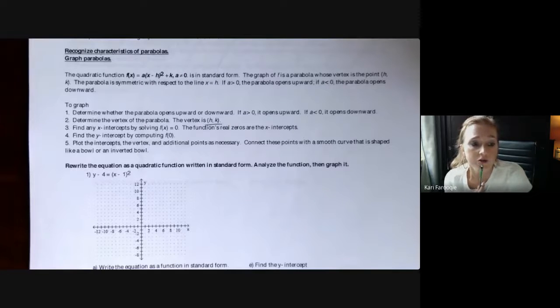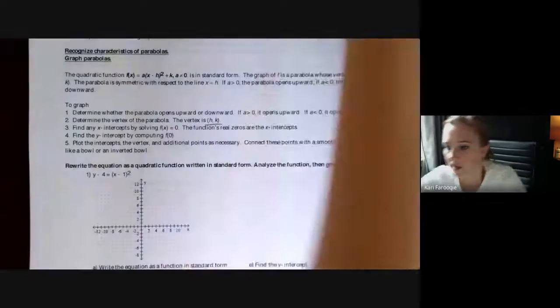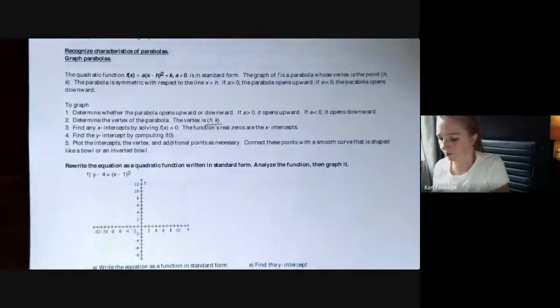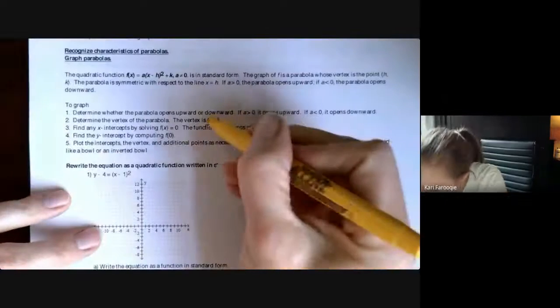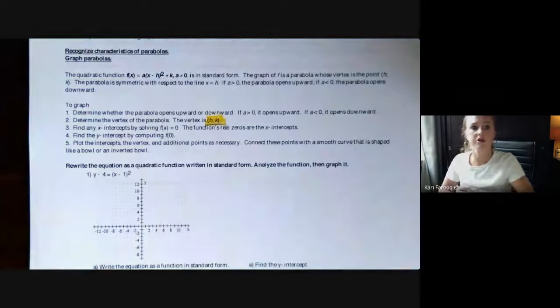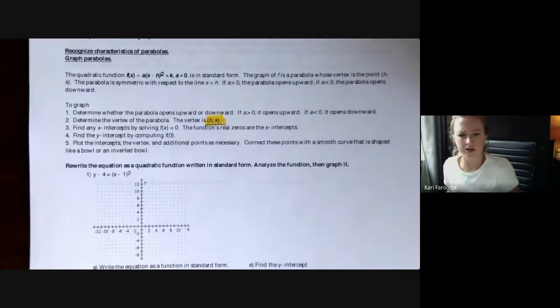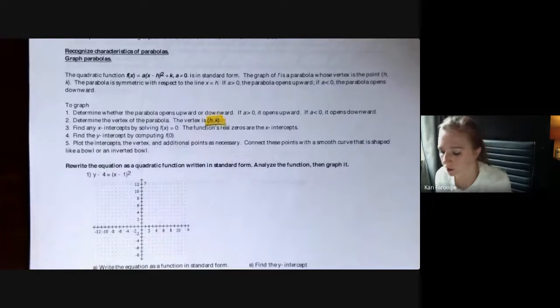We're going to determine the vertex of the parabola. As stated previously, the vertex is (h, k). That's a really important conclusion. I'm going to highlight it in my notes so it sticks out. Very important. The vertex is (h, k). I don't want later on for you guys to be like, where did you get that? It's right here. Find any x-intercepts by solving f of x equals 0.